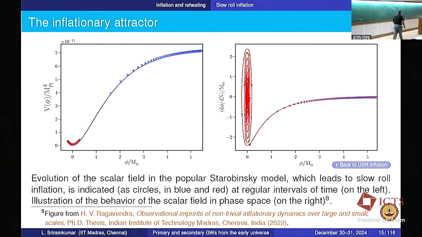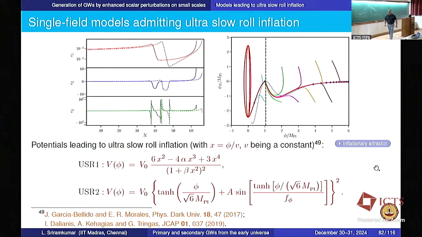But there is some difference when you have an epoch of ultra slow roll inflation, when you have deviations from slow roll. So firstly, let us focus on the behavior of this to compare with the earlier figure that I had. This is what essentially slow roll inflation does. There is an attractor, and here very clearly, all the trajectories merge towards this curve.